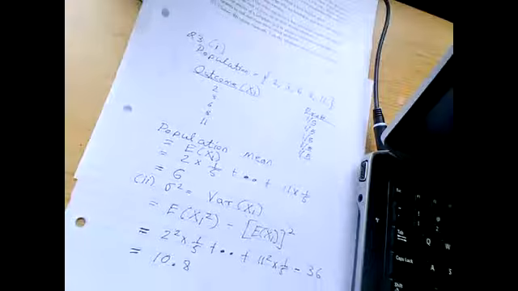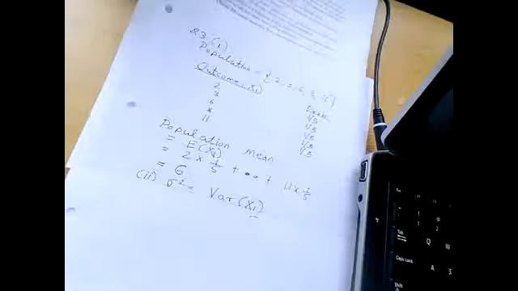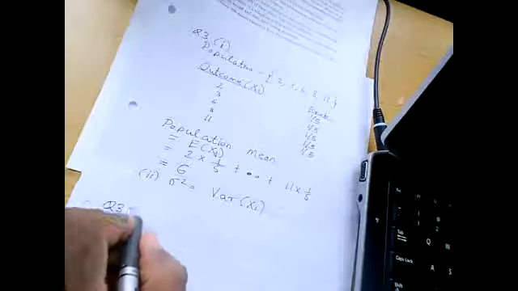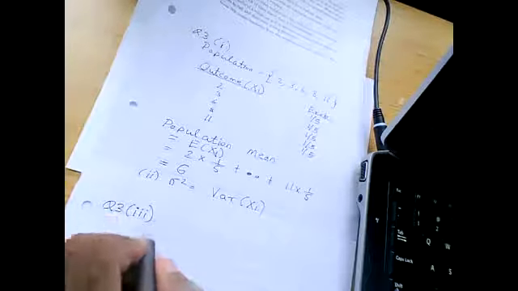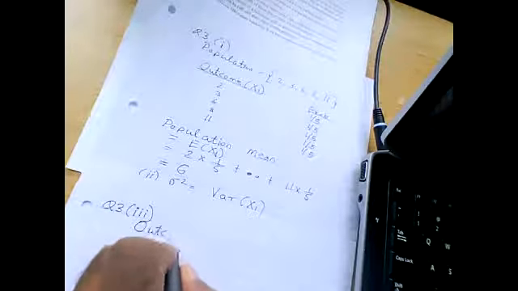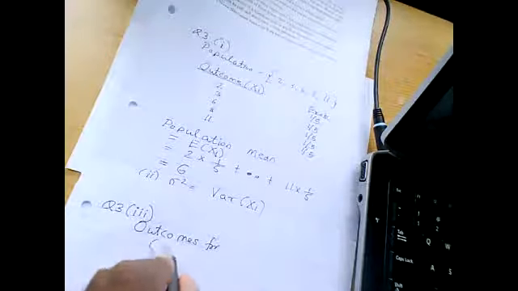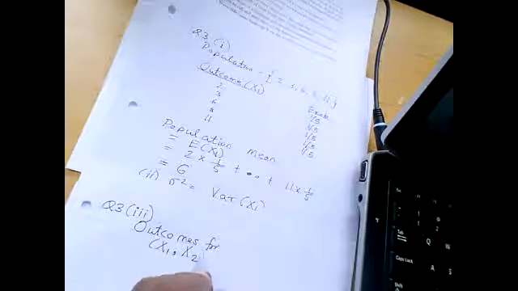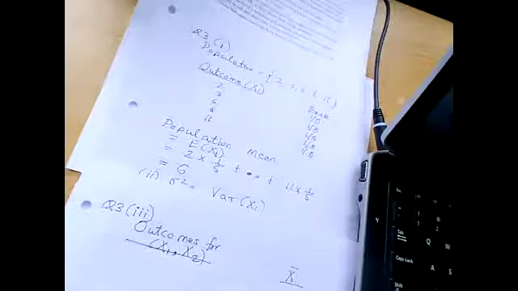Now to do this, the first thing you need to do is to list the possible outcomes for x1. x1 is the first number that you're choosing, x2 is the second number that you're choosing, and the corresponding values for x bar, right?